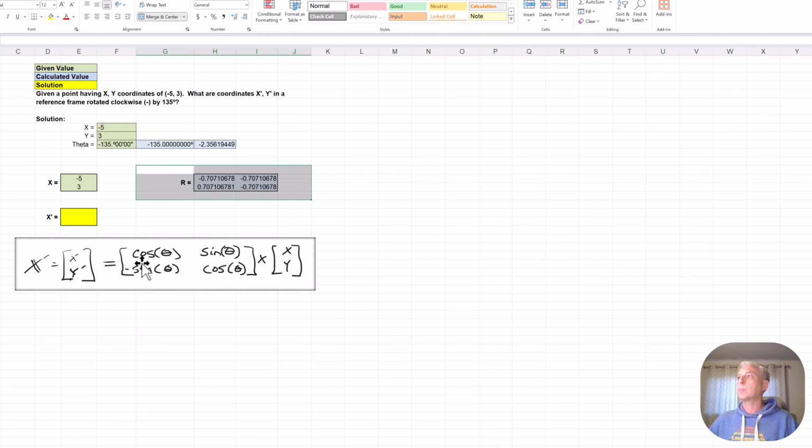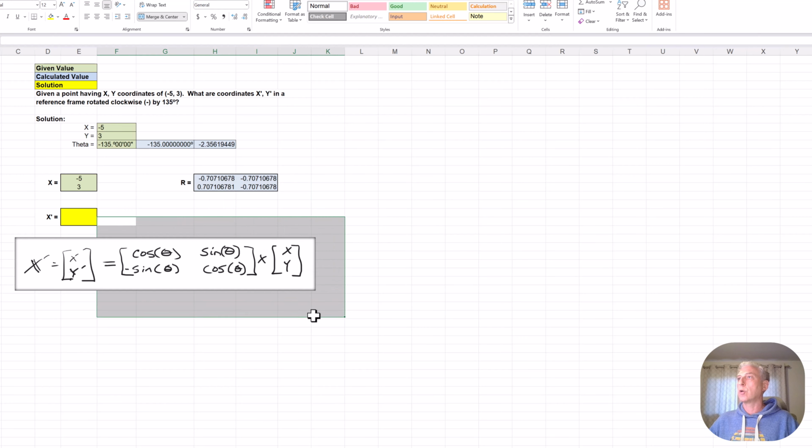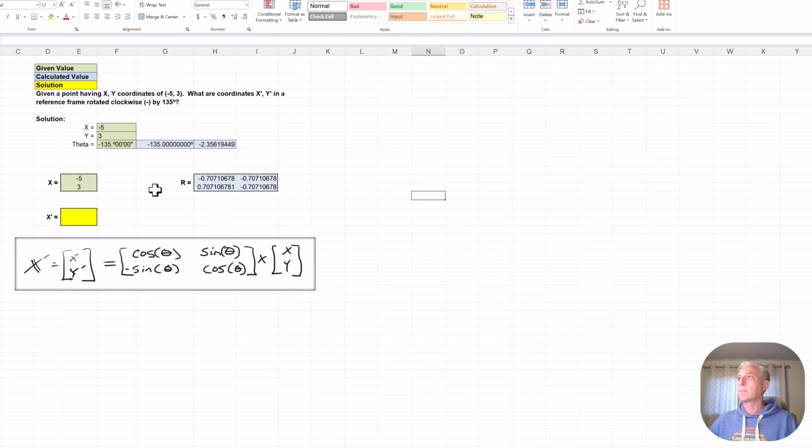So I multiply as it shows in my diagram down here, r times the x vector. So r is first. Remember, matrix multiplication is not commutative, so we have to do it in the right order. I'm going to end up with a 2 by 1 matrix, so I'm going to highlight a 2 by 1 matrix.